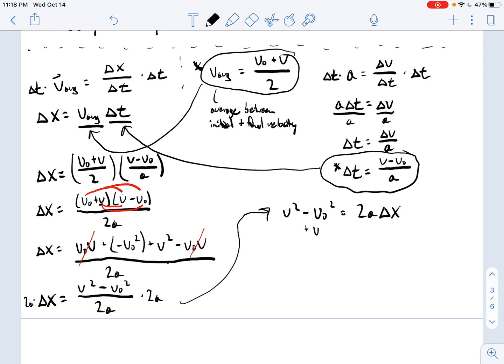From there, we're going to add v initial squared to both sides, giving us v squared is equal to v initial squared plus 2a delta x.